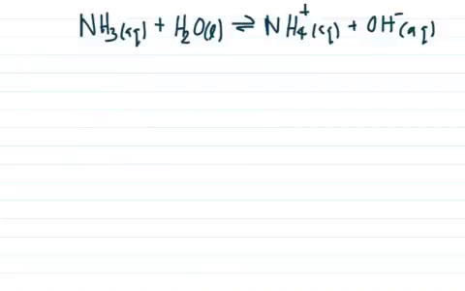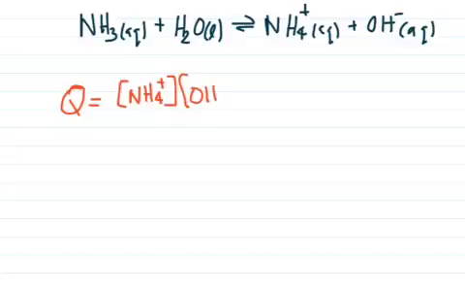We're given ammonia with water makes ammonium and hydroxide. Let's write out the Q. First we're going to take our products, so ammonium, hydroxide, all over our reactants.